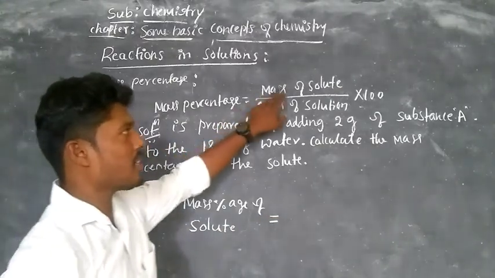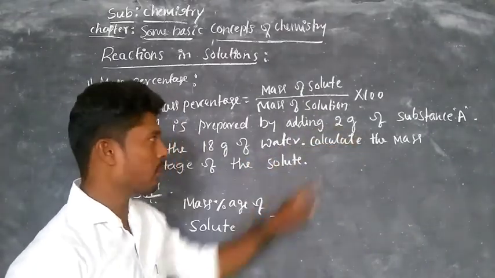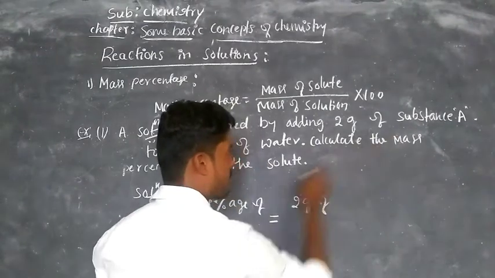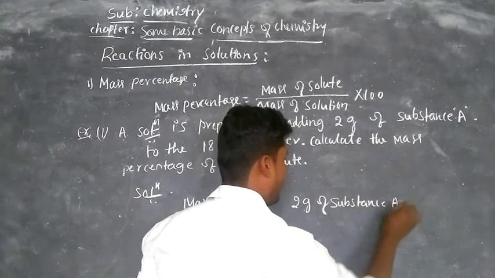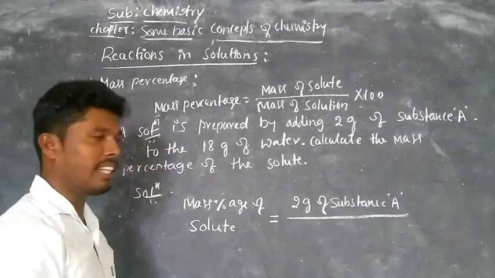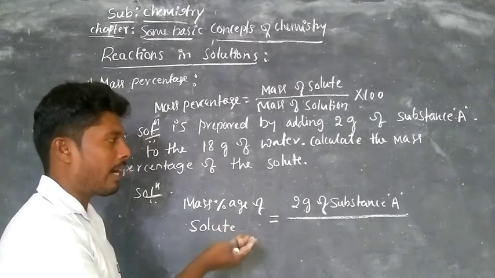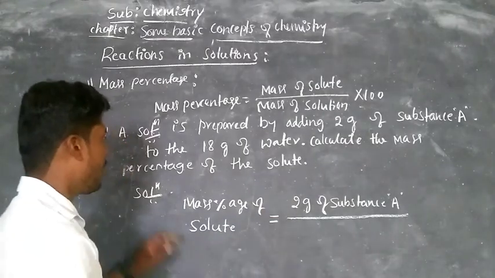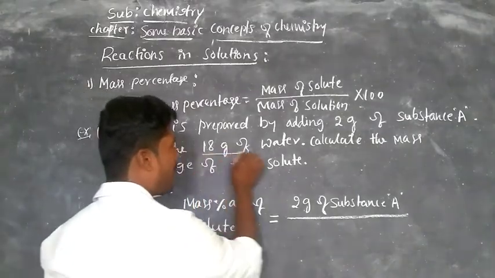The solute is 2 grams of substance A, divided by... we don't know what A is, take sodium chloride or potassium chloride or calcium sulfate, any substance. The mass of the substance is 2 grams. Now to the 18 grams of water. Here the solvent is water.